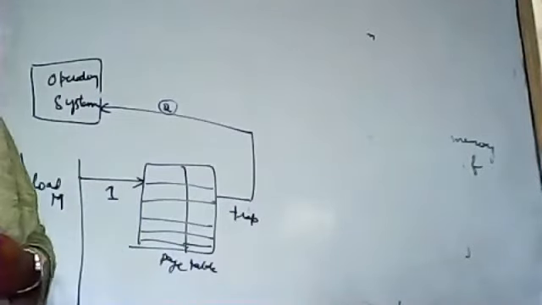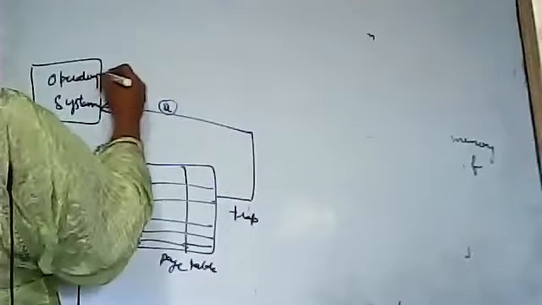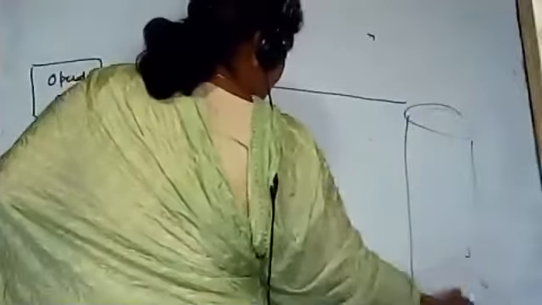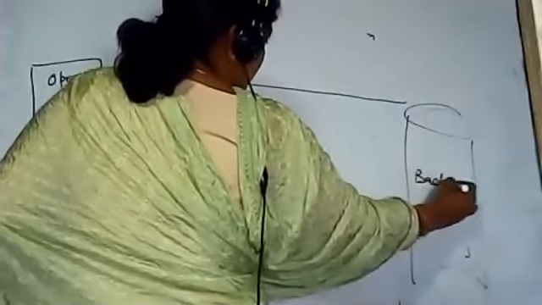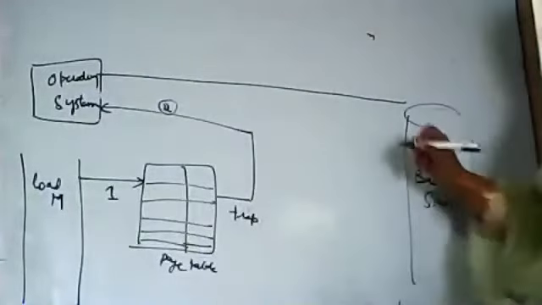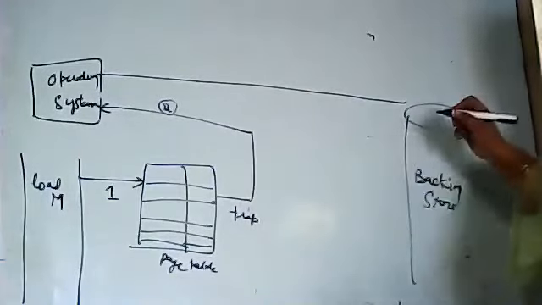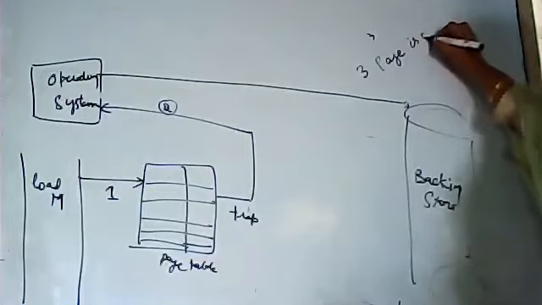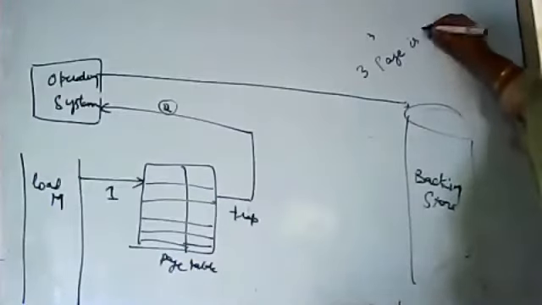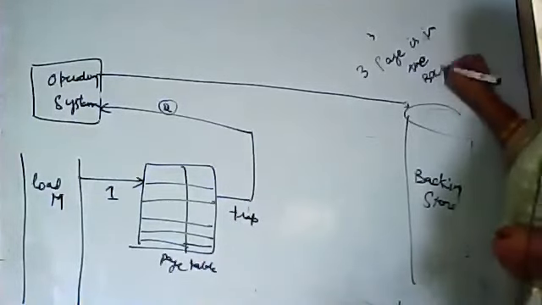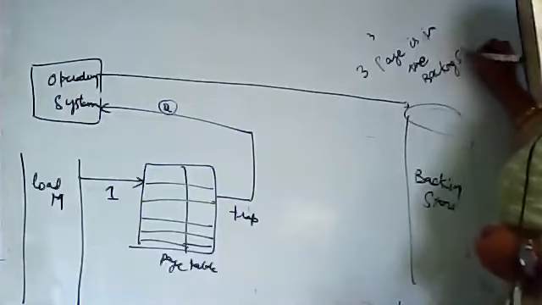If that is a trap, the operating system will check whether this page is available in the backing store. This is the backing store. If it is in the backing store, the page is in the backing store, meaning on this drive.